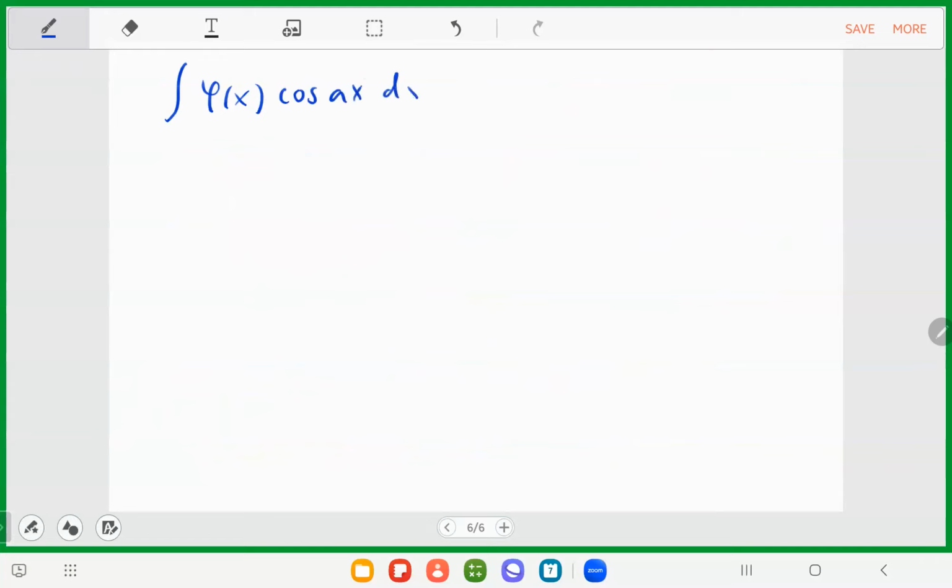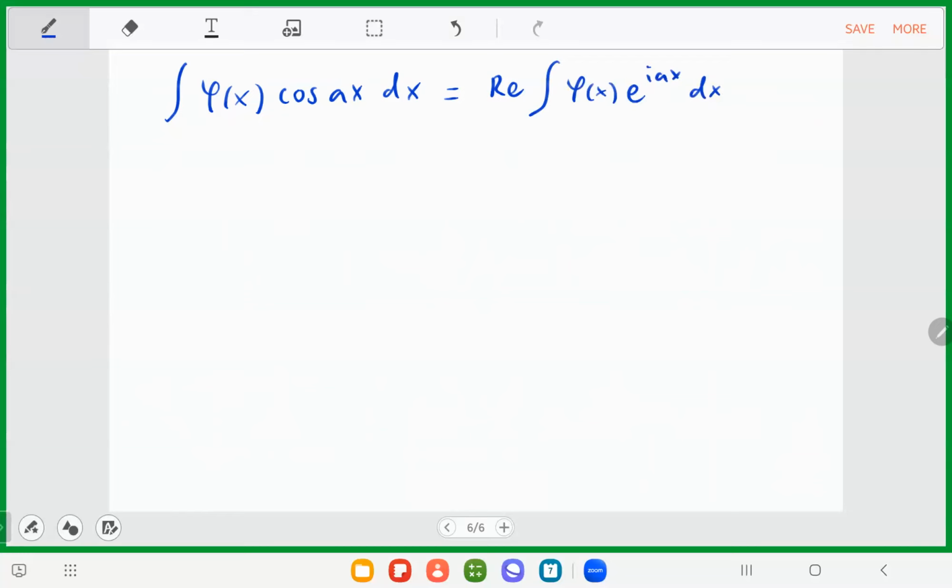If I have an integral like this, since the cosine of ax is the real part of the complex exponential, then I can calculate the integral and then take the real part. So the integral of this is also the real part of the integral that I am talking about.